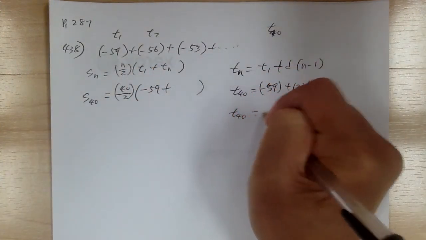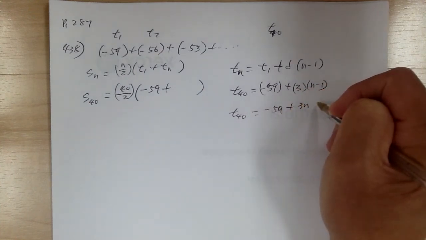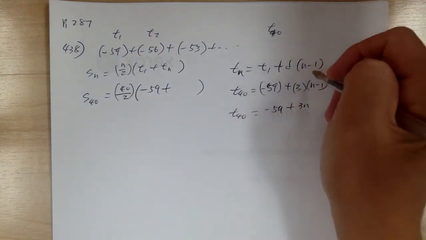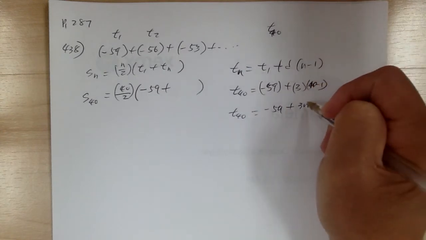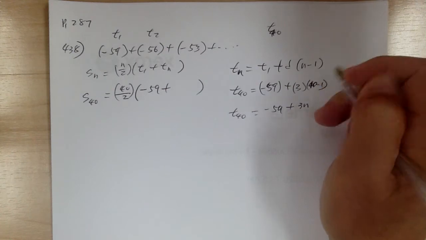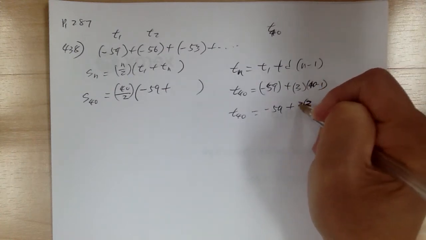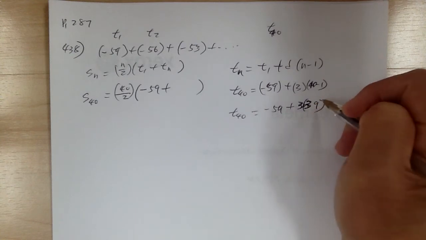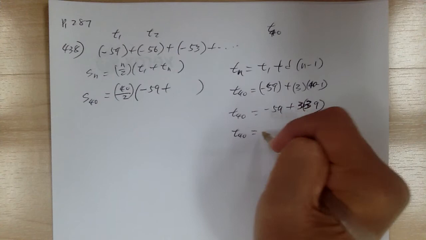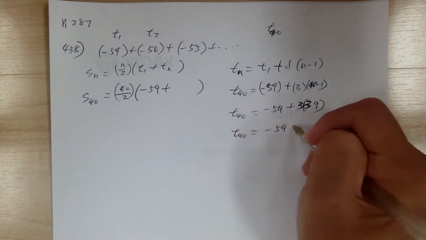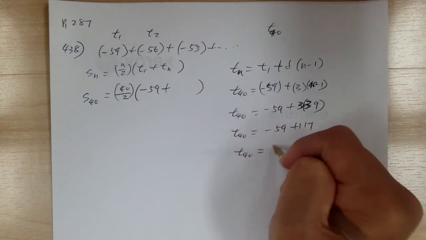So it'd be 3 times n minus 1, where n is 40, so 3 times 39. So T40 will equal negative 59 plus 117. So T40 equal to 58.